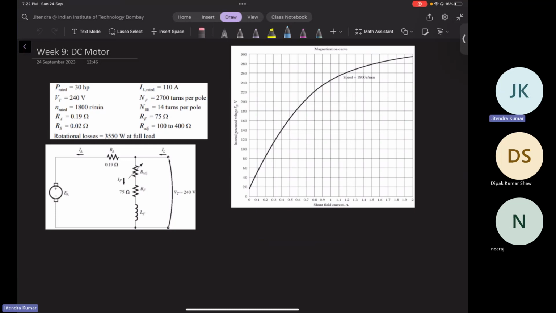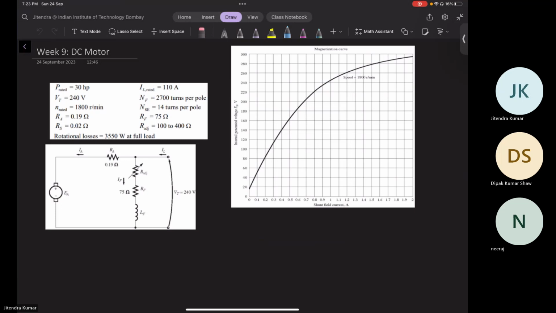You can see the magnetization curve, where according to the field current, the armature current varies, right? Some data are given: the rating of the motor, that is 30 horsepower, and the rated current is also given, that is 110 amps. Field turns are 2700 turns per pole. Armature turns are also provided.